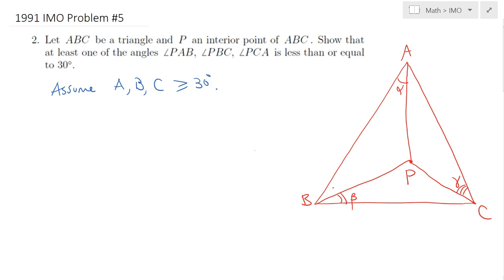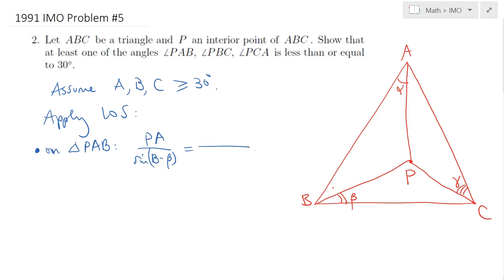And now we can simply apply the law of sines on the following triangles, on triangle PAB, PBC, and PCA repeatedly. Let's apply it on triangle PAB first. For that one, we will get PA over sine of B minus beta, opposite PA, is equal to PB over sine alpha.